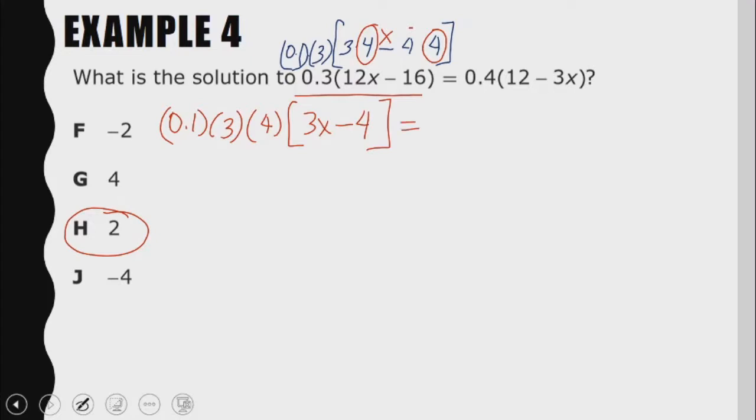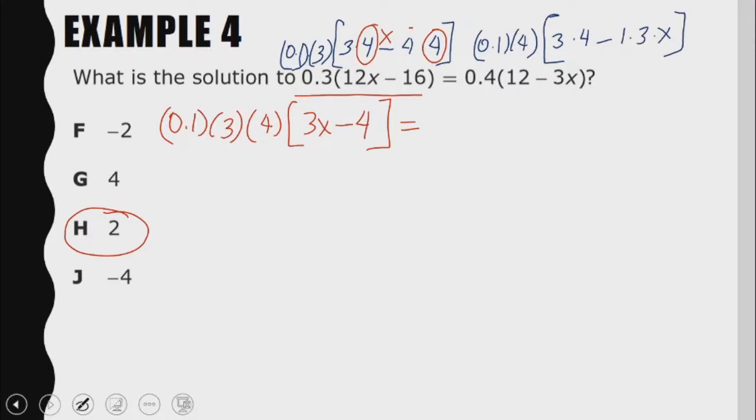Let's simplify the right too. For the right, 0.4 is 0.1 multiplied by 4. Then inside this parenthesis, again, we have 12, which is 3 multiplied by 4. Then minus 3x, and 3x is just 1 multiplied by 3 multiplied by x.